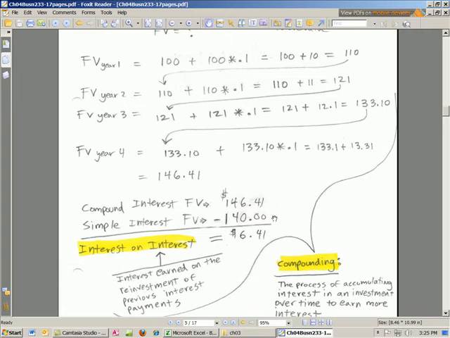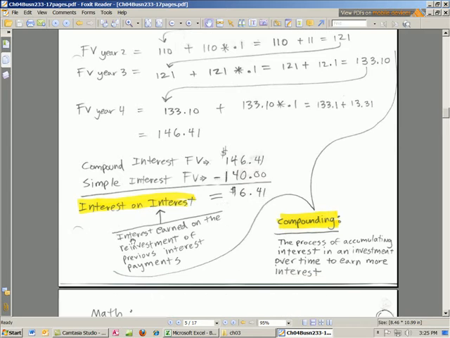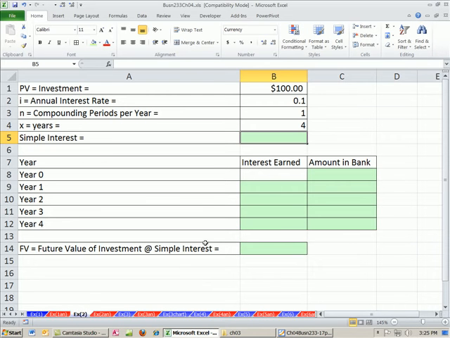The difference is the interest you're earning on the interest invested. This is because we reinvested the previous interest payments, and they're paying you interest on that. This whole process is called compounding, the process of accumulating interest in an investment over time to earn more interest. Let's go over to Excel.